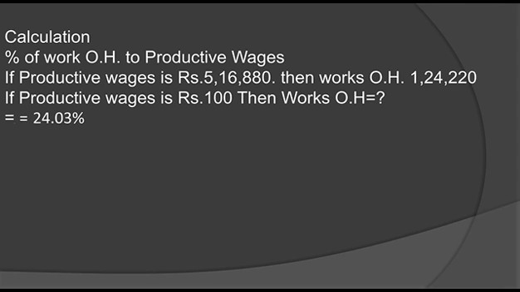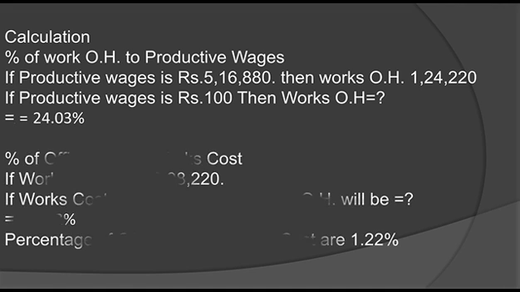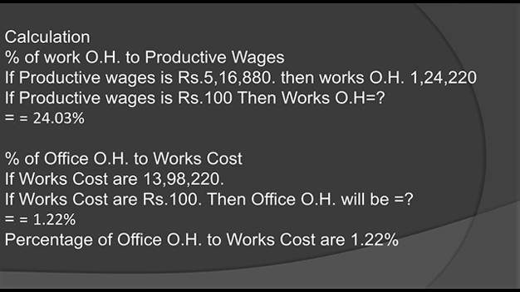You can easily calculate this: 1,24,220 multiplied by 100 divided by rupees 5,16,880. You will get the percentage of 24.3%.